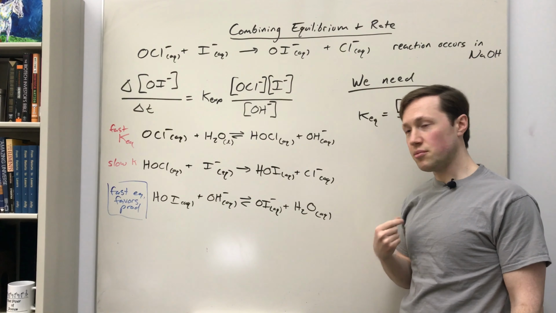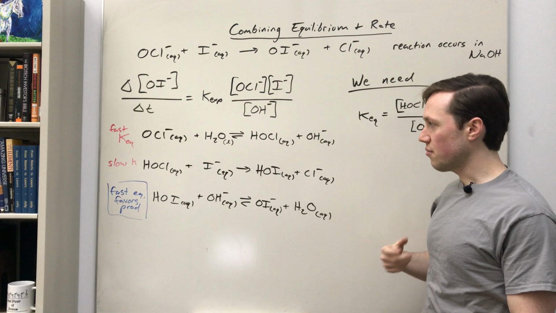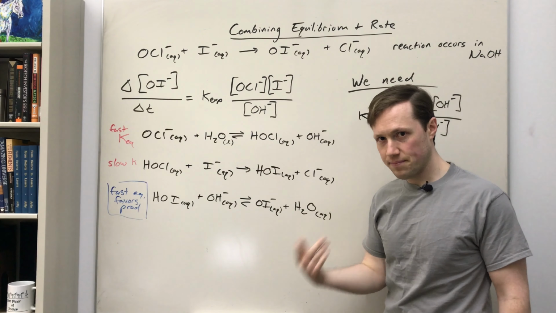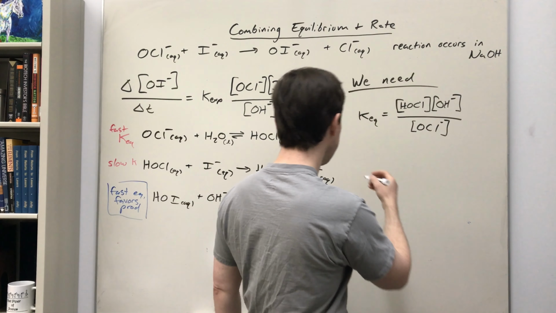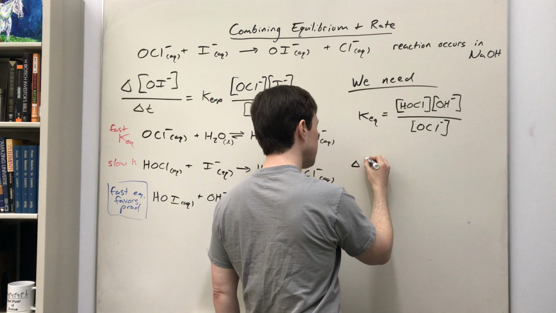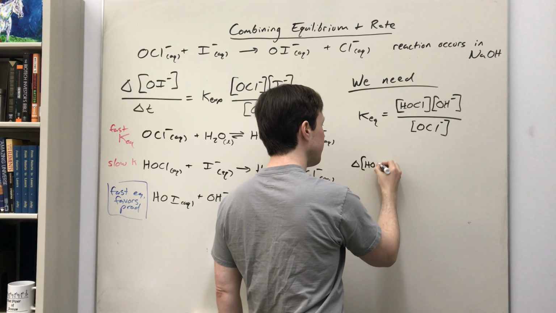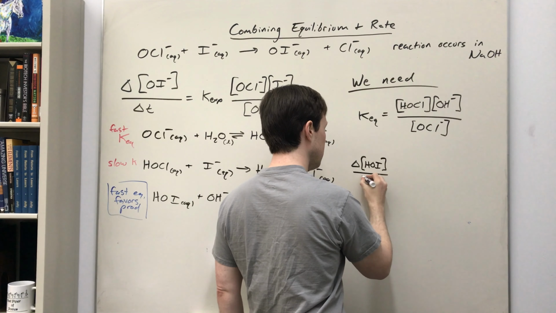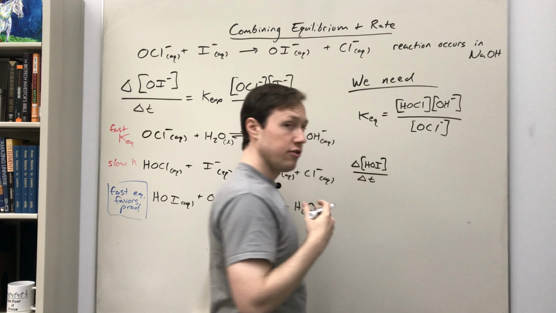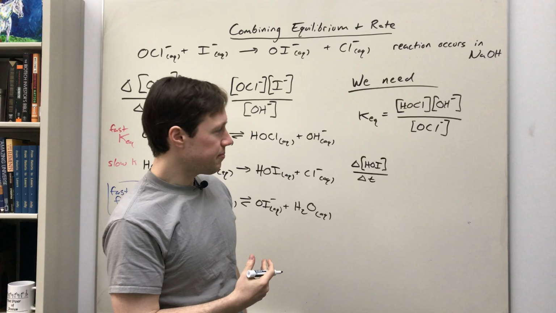So it's a reasonable guess that we can describe them in that way. So we're going to describe this in terms of the formation of the product in that reaction.